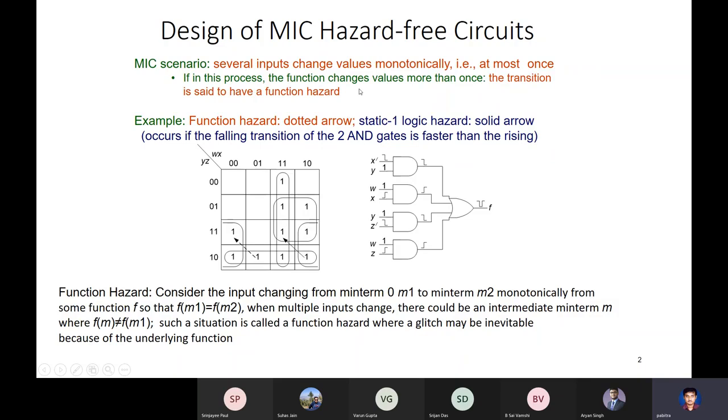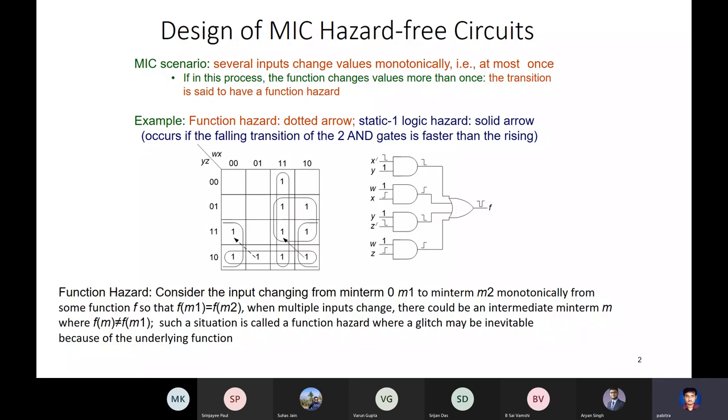But one constraint we still have is that even if multiple bits change, the change has to be monotonic for every individual bit. All the variables w, x, y, z may transition to a new value, but each of the variables, going from 0, 0, 0, 0 to, let's say, 1, 1, 1, 1, can change only once. So it's a monotonic change.